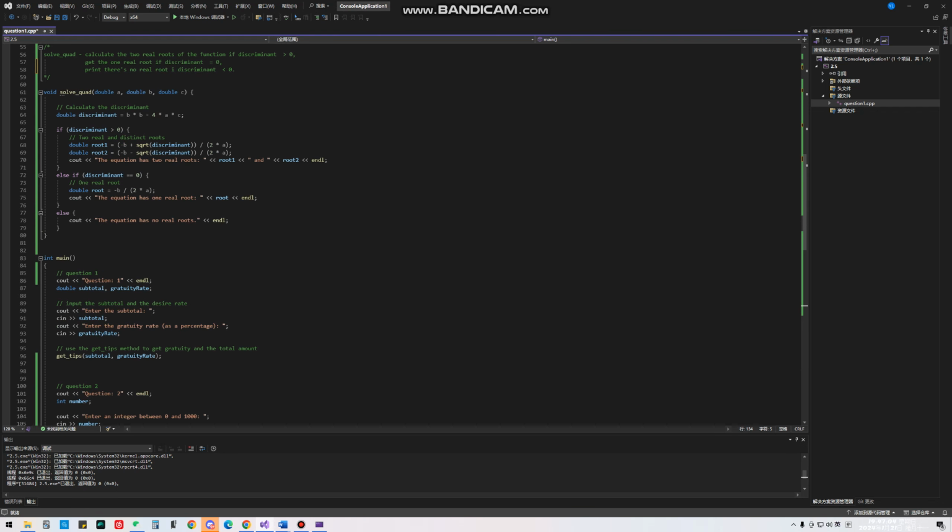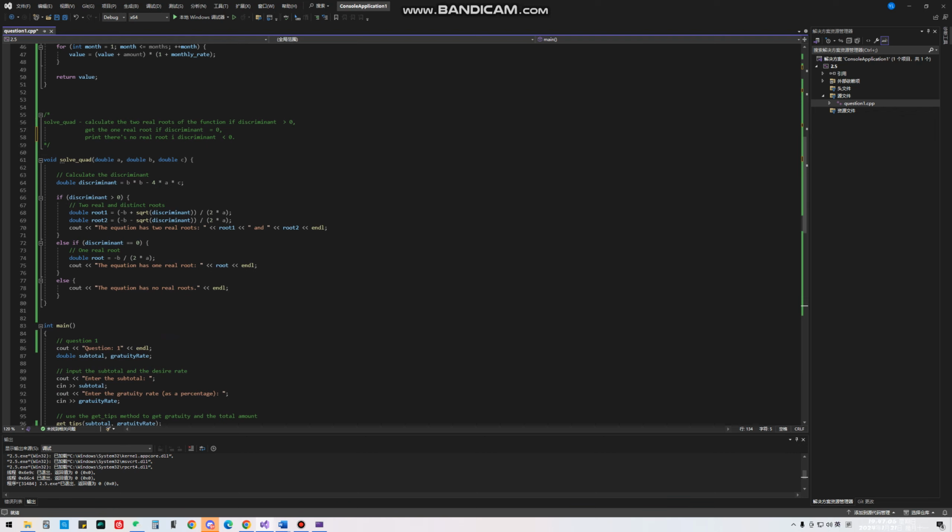For question four, we're going to use the formula to calculate the quadratic function. First, in this function, we have a number which is the discriminant, or we can say delta. We use this to decide how many real roots we're going to have.